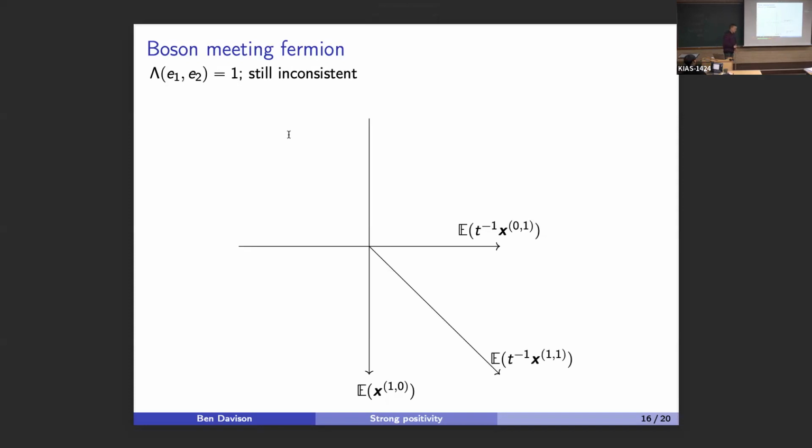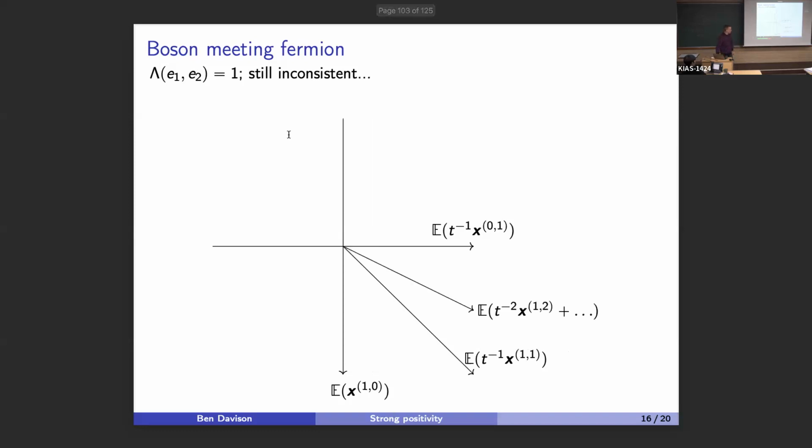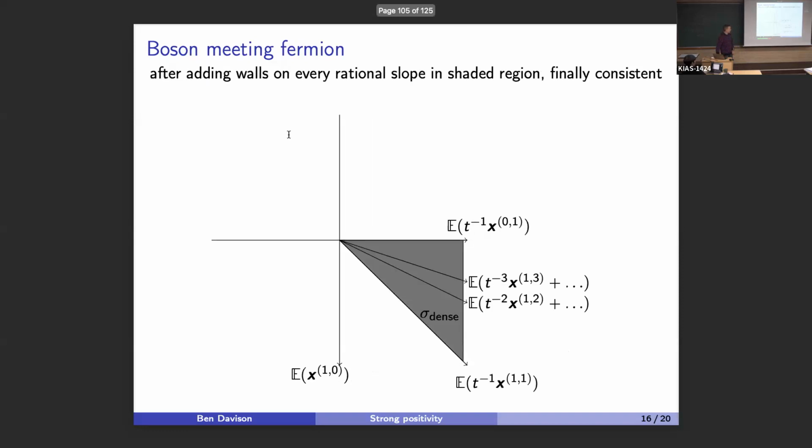I'm going to go through the procedure I babbled through earlier, going order by order. First I introduce this new wall so that this is consistent at least up to order 2. But it's still inconsistent, so I have to add another wall with another function on it.